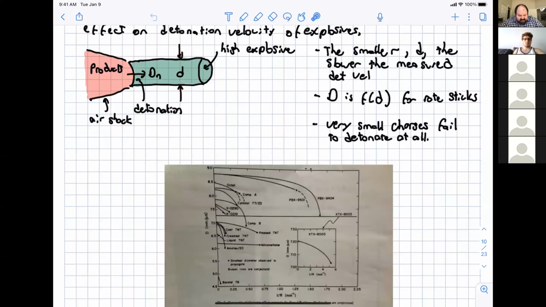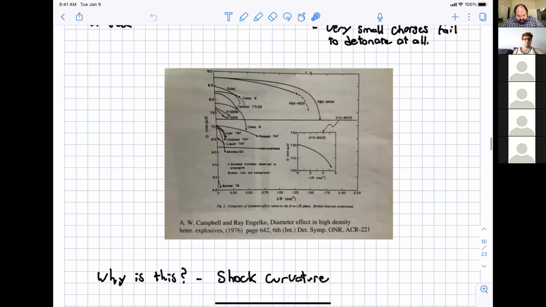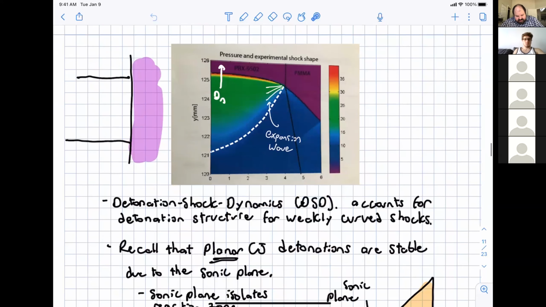What they realized was that if we zoom in to the structure of the detonation as it interacts with the confiner of the explosive, which could be air, or something soft like plexiglass, or steel, the detonation is curved slightly. This curvature introduces expansion waves. These expansion waves propagate into the chemical reaction zone and decrease the pressure and the temperature.